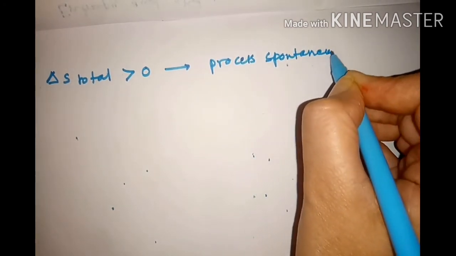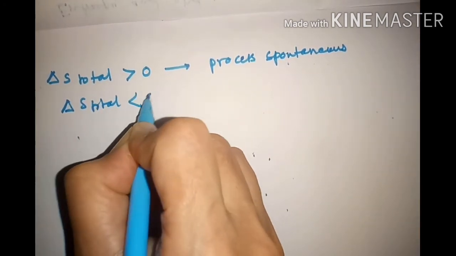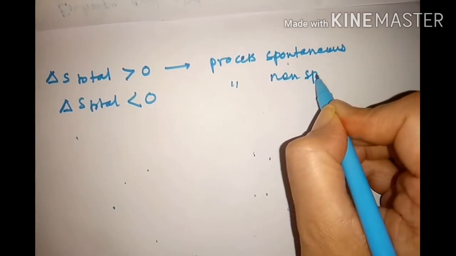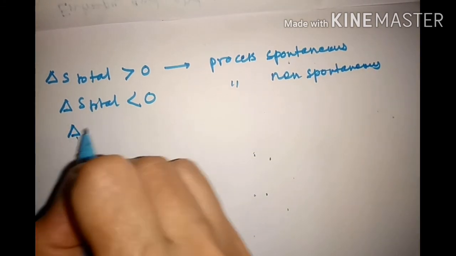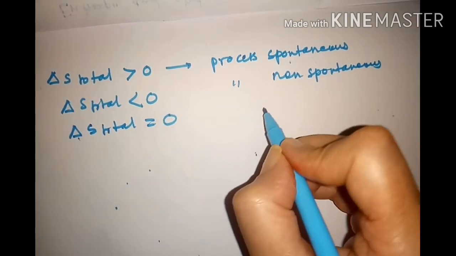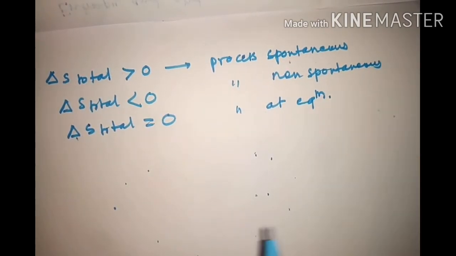If delta S total is less than 0, the process would be non-spontaneous. And the third case may arise if delta S total equals 0, then the process would be at equilibrium.